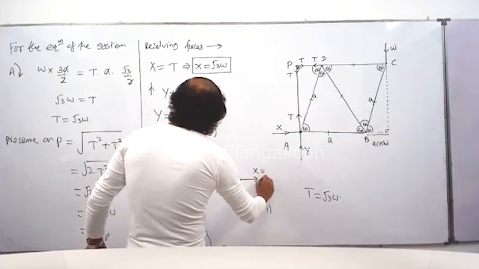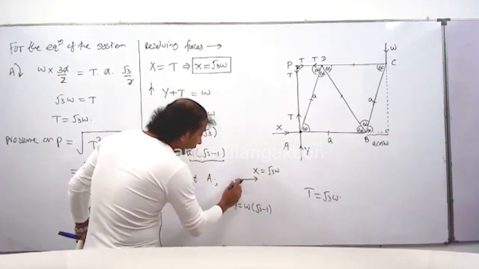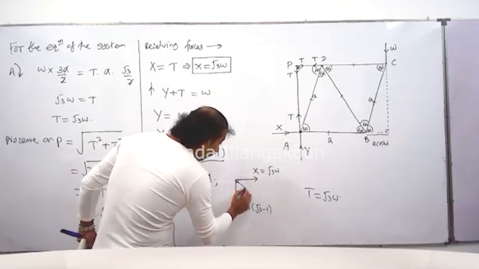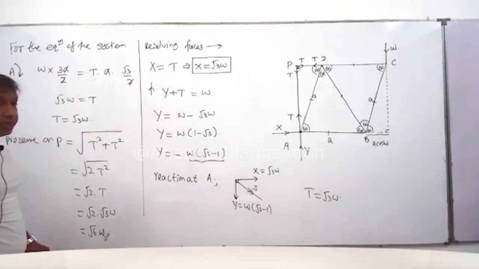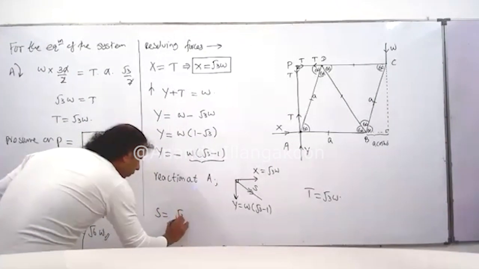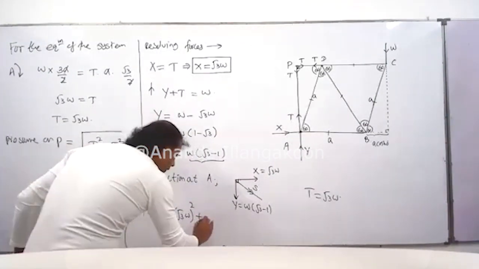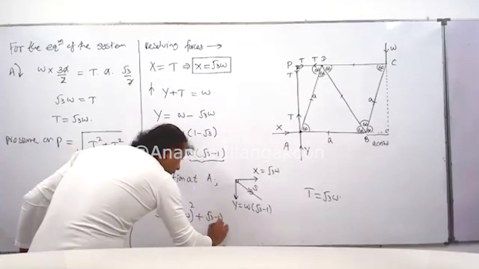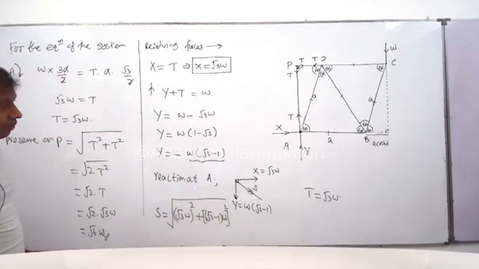X is root 3 W. They are resultant only. The reaction at A, therefore, S is the square root of root 3 W squared plus root 3 minus 1 times W squared. This is the reaction at the hinge.